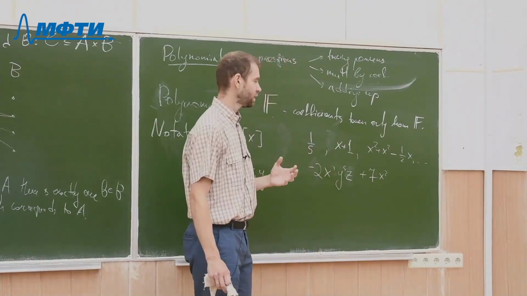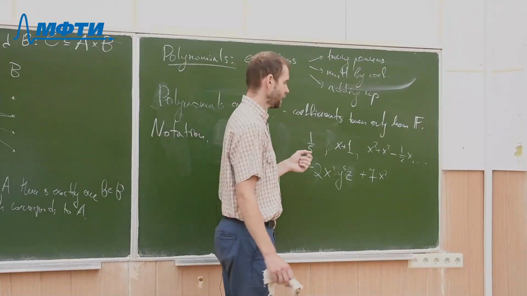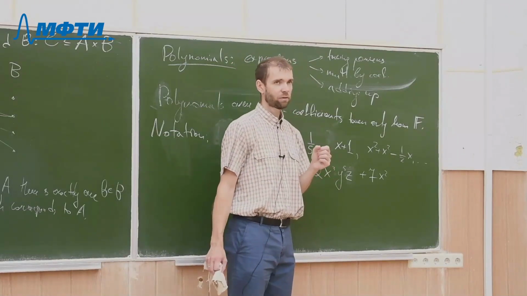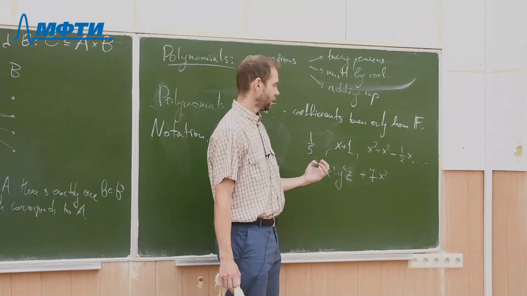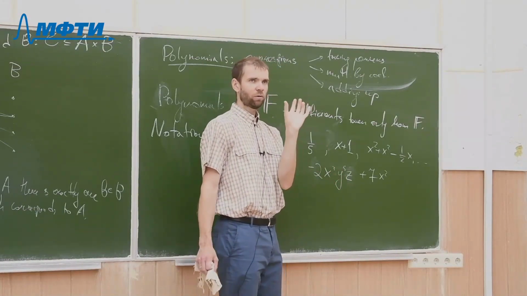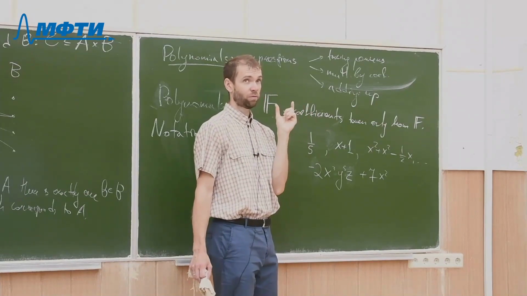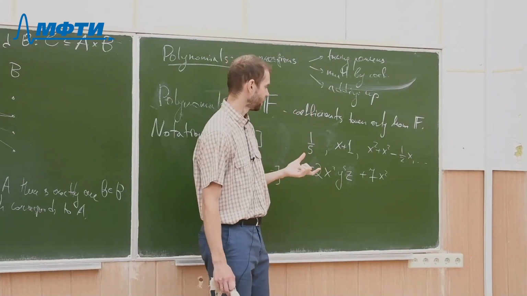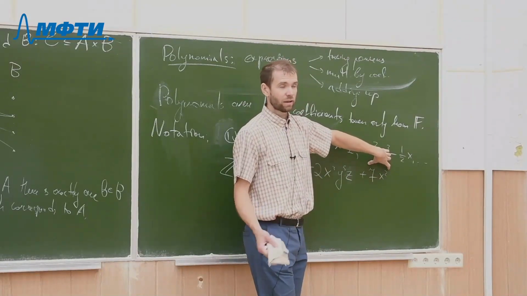But for polynomials that have more than one variable, it is also important to consider the degree of the polynomial over some variable. Then we take only this variable and count only the powers of this variable inside our polynomial. So the degree of this monomial over x is 2.